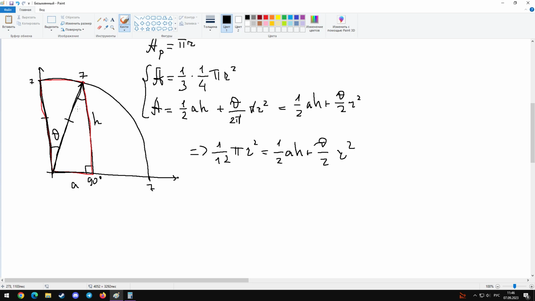These angles are equal, it's angle theta, because these lines are parallel. So A equals, holy shit, that's not an A. A equals R times sine theta, and H equals R times cosine theta.